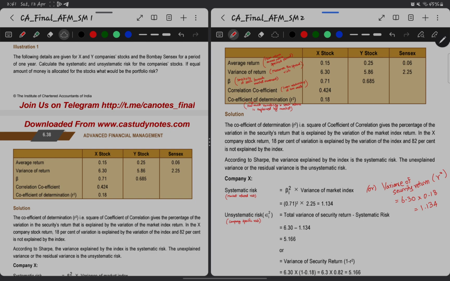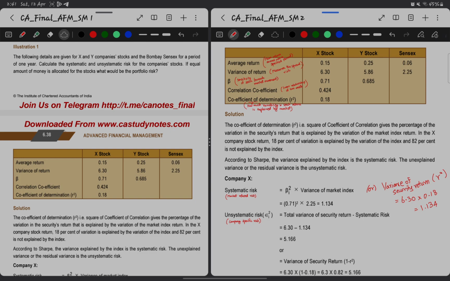The average return is nothing but the mean return earned over a specified period, which is the normal return the stock is giving to the investors. And the variance of return measures the risk ideally. So variance is the spread, which is the risk of the stock, along with the risk of the Sensex also given. Now beta is the sensitivity of the stock towards market risk.